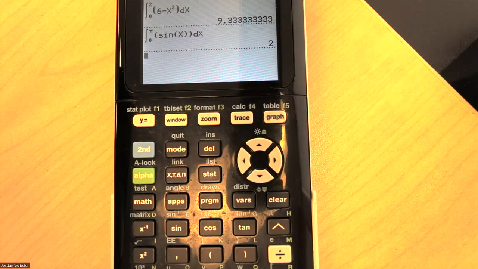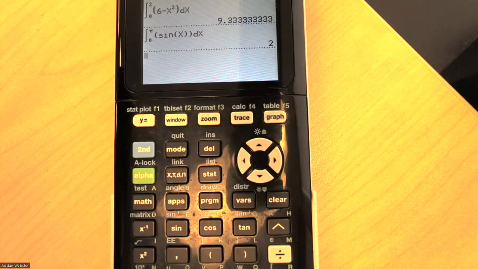Because that's one of the things about these trig function derivatives and antiderivatives, the ones that we know, saying, for instance, that the antiderivative of sine is negative cosine. That only works when we're using radians as our measurement.